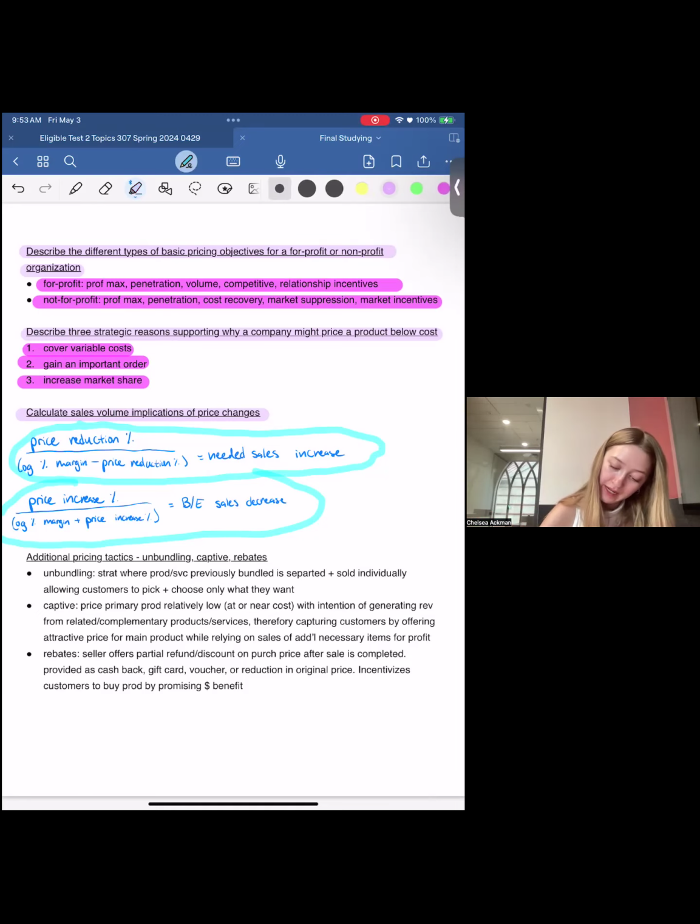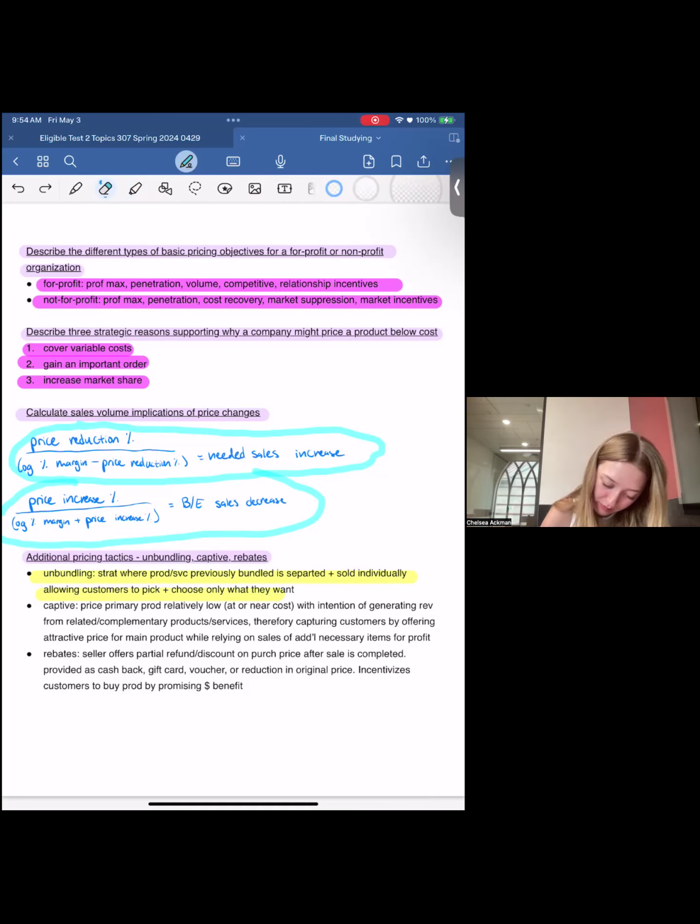And now we have additional pricing tactics. These are unbundling, a strategy where a product or service previously bundled is separated and sold individually, allowing customers to pick and choose only what they want.